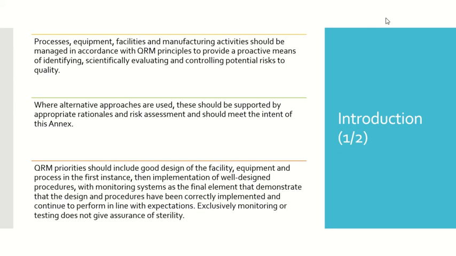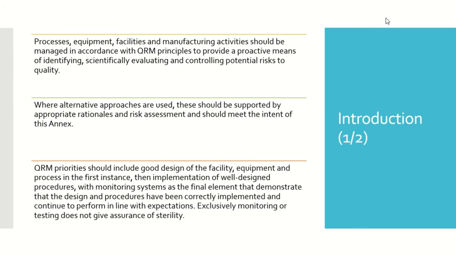That is very important to assess through a QRM process. An alternate approach can be used to whatever approaches are mentioned in the guidance, but that is supposed to be supported by a good rationale and risk management. Ultimately the intent of this annex should not be altered, right?